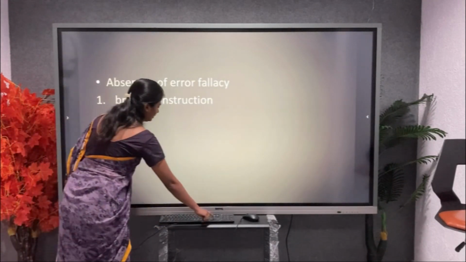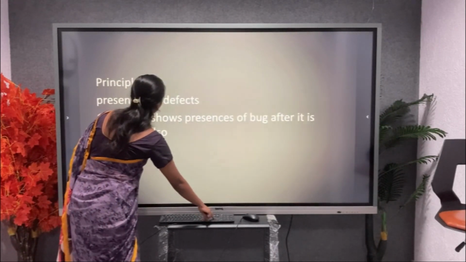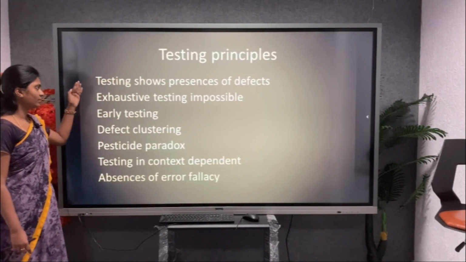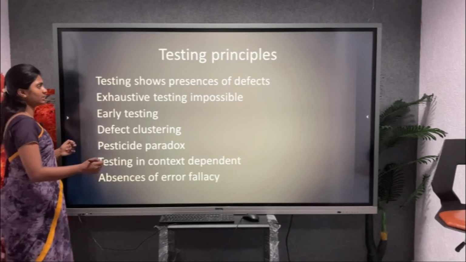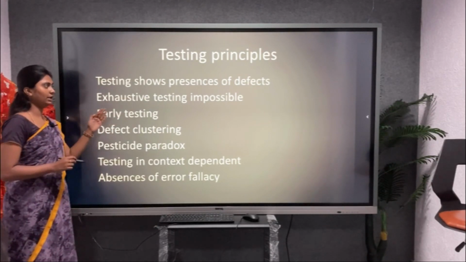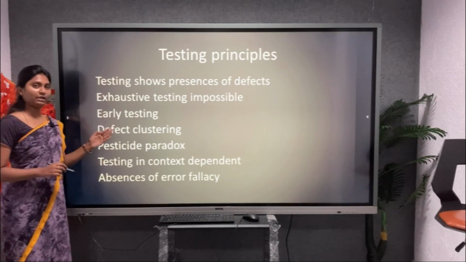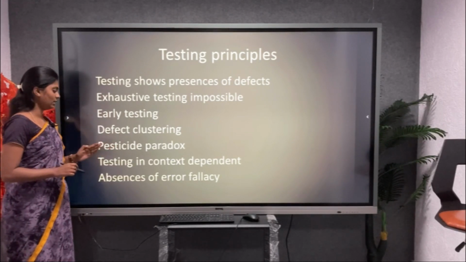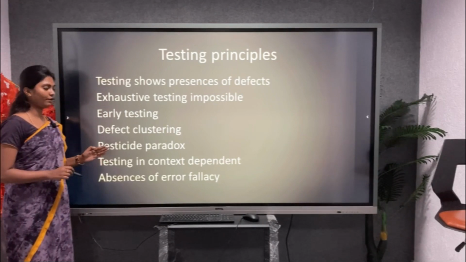Next I will talk about the principles of testing. There are 7 principles: presence of defects, exhaustive testing is impossible, early testing, defect clustering, pesticide paradox, testing is context dependent, and absence of error fallacy.